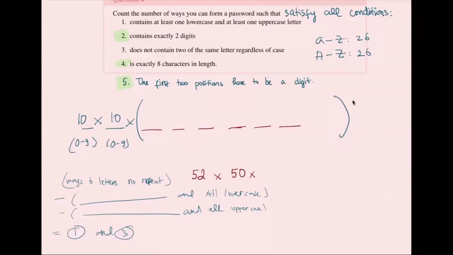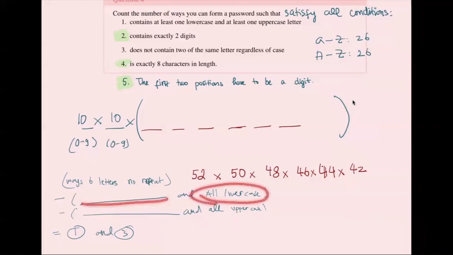How about the third one? Yes, 48. And I do that for every letter, 44 and then 42. So those are the number of ways to choose 6 letters without any repetition, regardless of case. Next, I want no repeat and all lowercase.